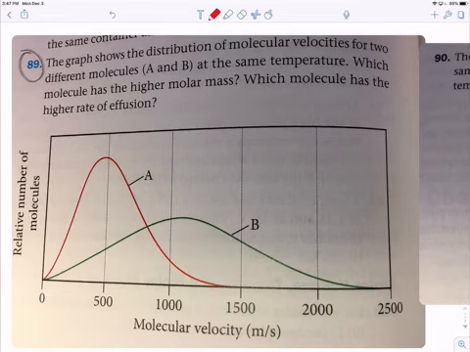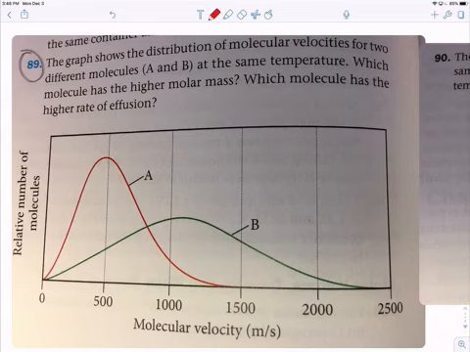So the other thing is that they have the same energy, and B is moving faster. So this peak here is the root mean squared velocity. These are the peaks of the RMS. So if they have the same amount of energy, and this one has lower speed, that means it's heavier. So it's moving more slowly, but has more momentum. And then the lighter one, to have the same amount of energy, is moving faster.